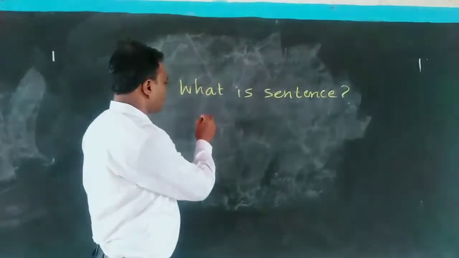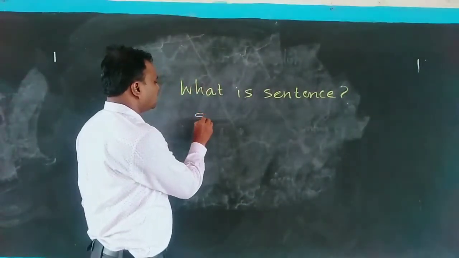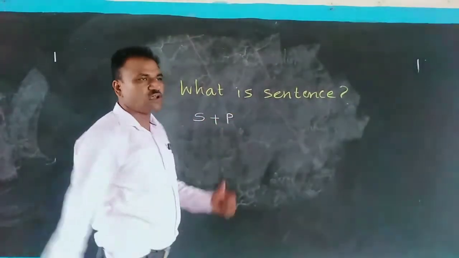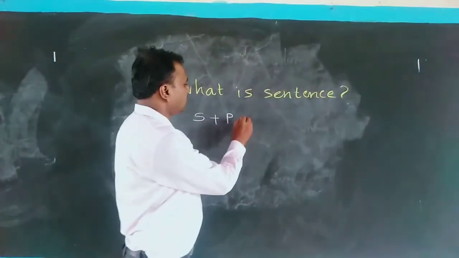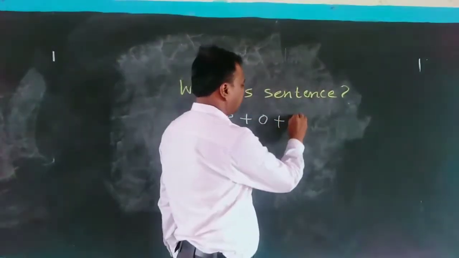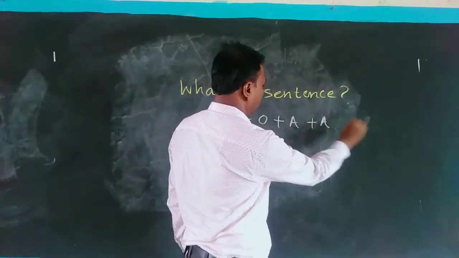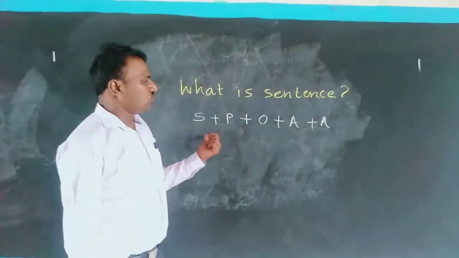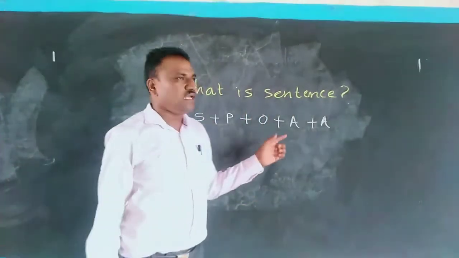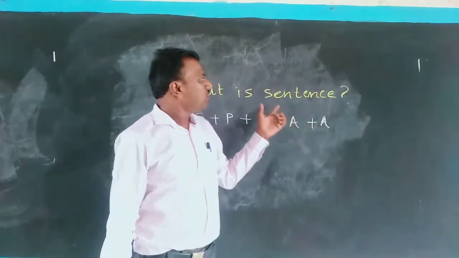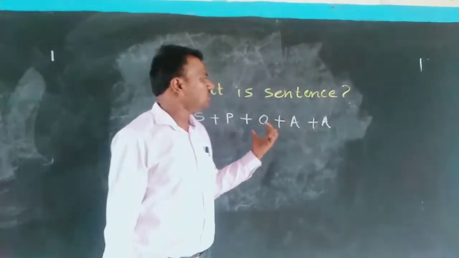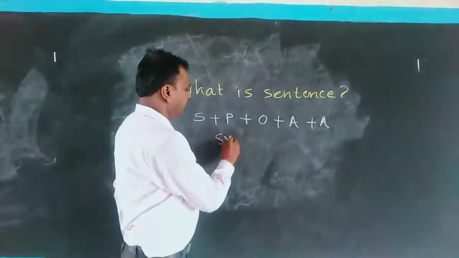The structure of a sentence is: first comes the subject, and after that the predicate, which is also called the verb, then the object, and after that adjective and adverb. This subject, predicate, object, adjective and adverb make a sentence, and this structure of words is called syntax in English.